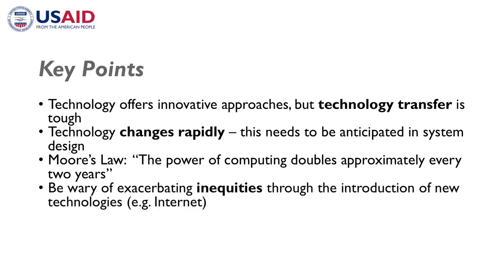Then the other caution is that the internet is a great thing, and it certainly increases access, but we need to make sure that the people we're trying to reach actually have access to the internet.